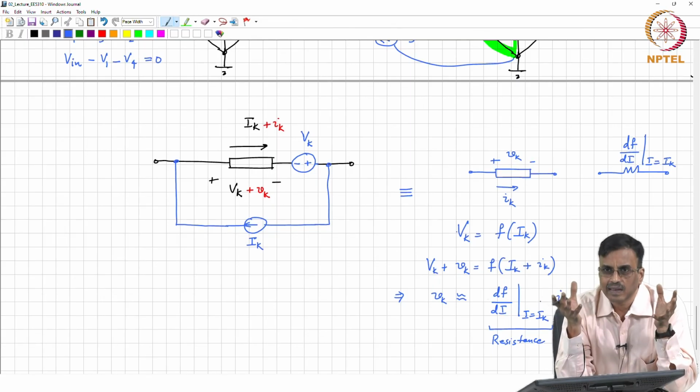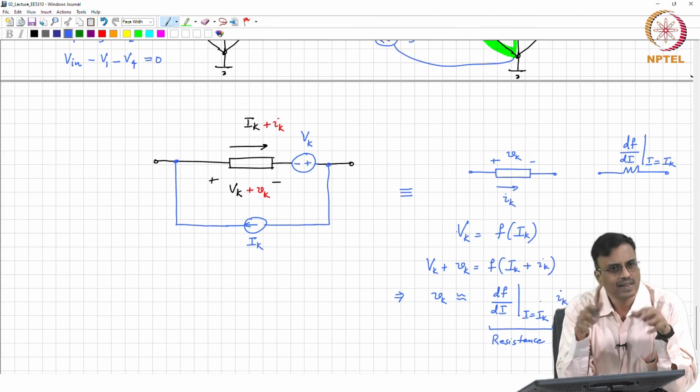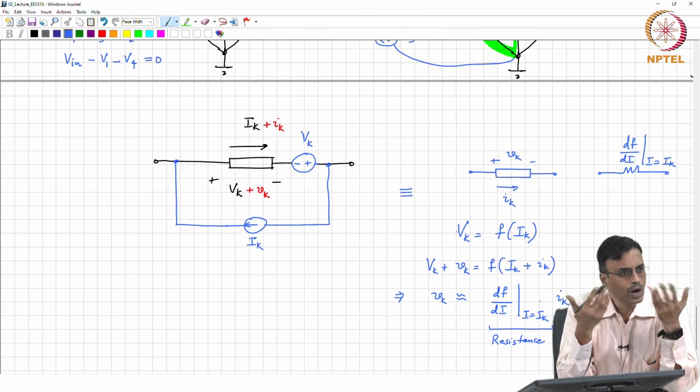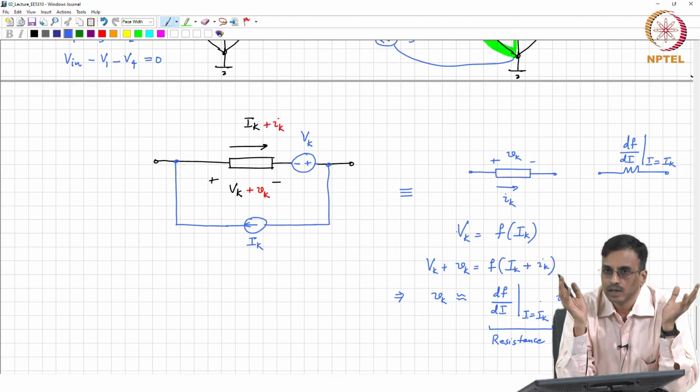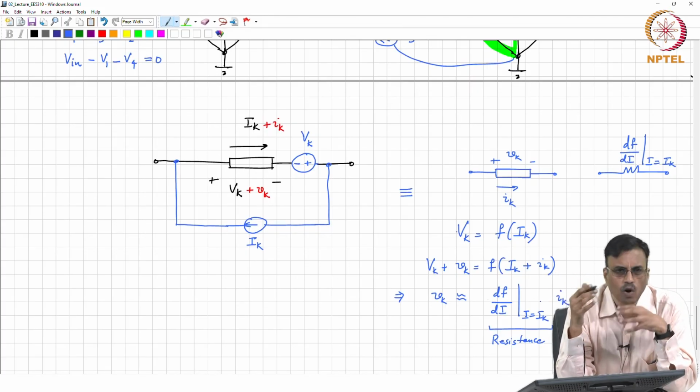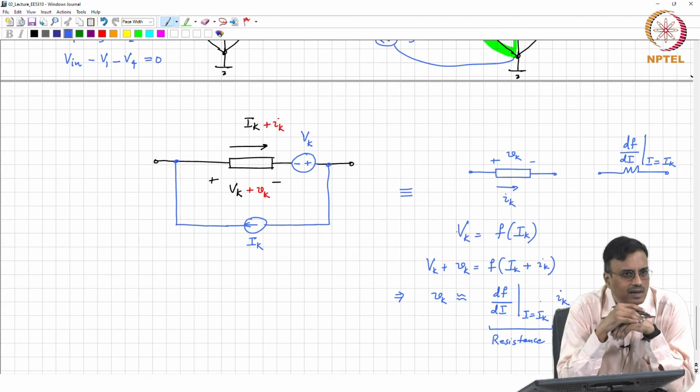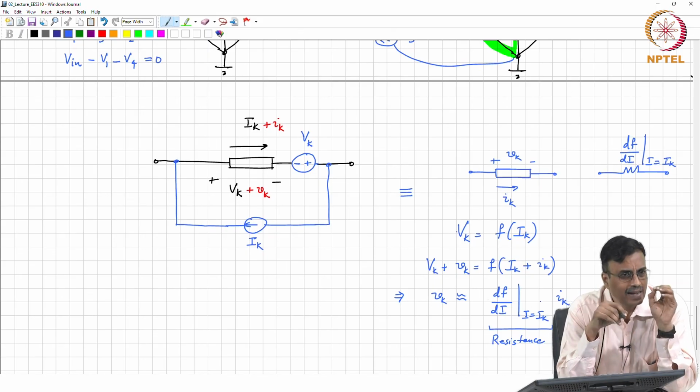That means as far as incremental signals are concerned, we can go back to using all our linear analysis tools, Fourier transforms, Laplace transforms, except with the small caveat that they only apply for small signals.